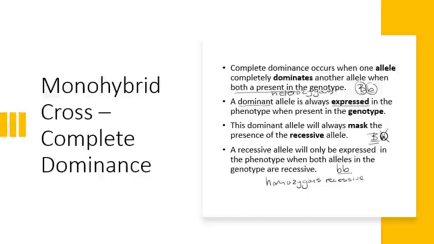And that's the only way that I will phenotypically present my genotype. Phenotypically means that I will show that I'm a blonde person, because both of them are little b's and they're recessive. I'm not being masked by a large B.